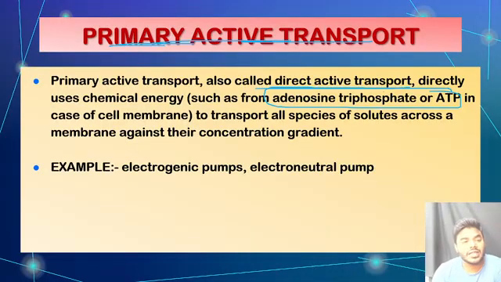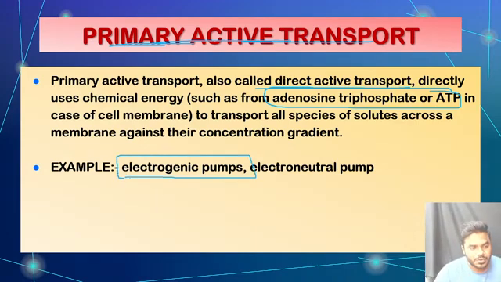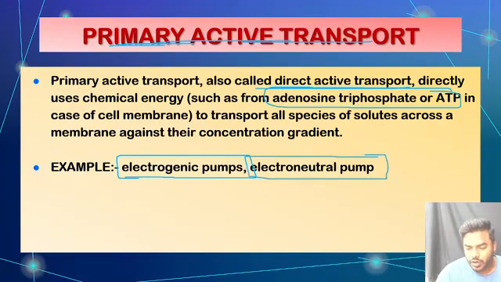Friends, what are the best examples of the pumps? Listen to me carefully. What are the best examples of the pumps that can mediate the active transport? Electrogenic pump, followed by the electroneutral pump. Now you can ask me, sir, what is the difference between the electrogenic and electroneutral pump?